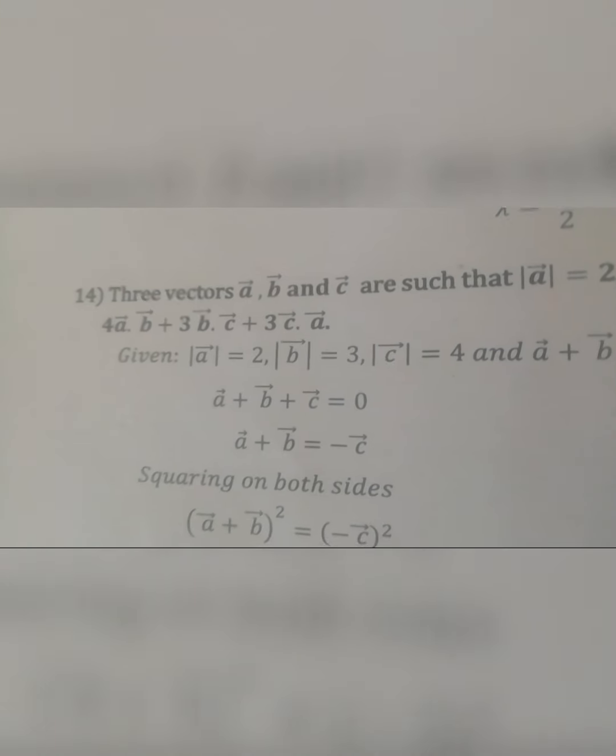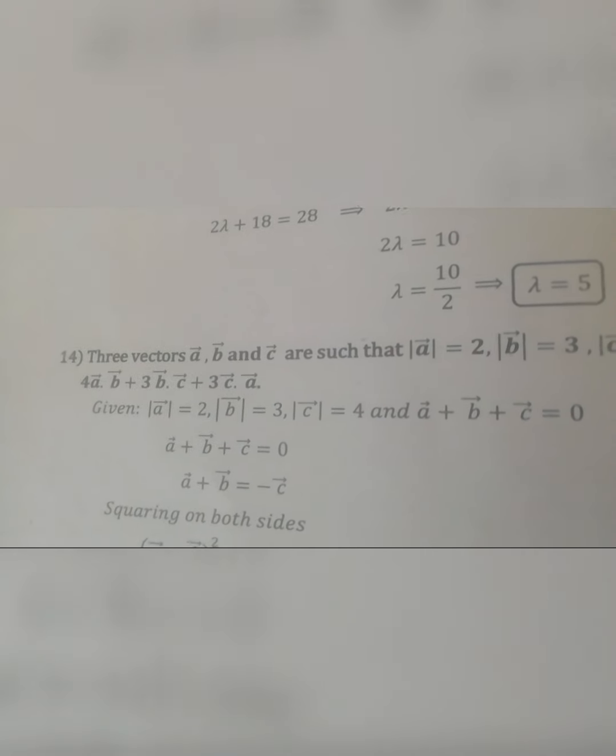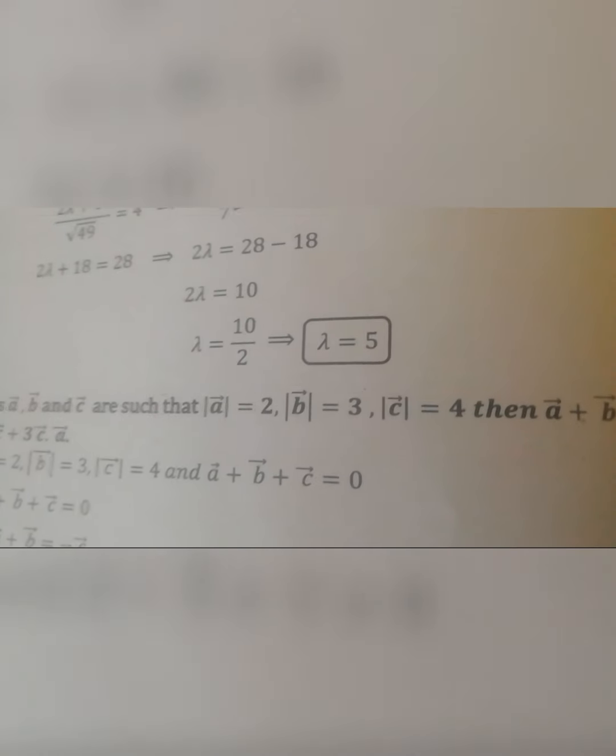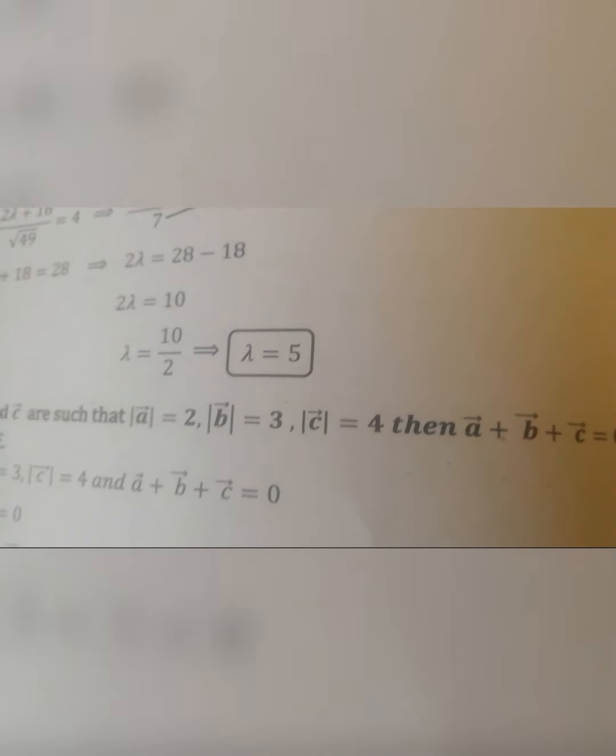The next problem, given the three vectors A vector, B vector and C vector are such that modulus of A vector is equal to 2, modulus of B vector is 3, modulus of C vector is 4.